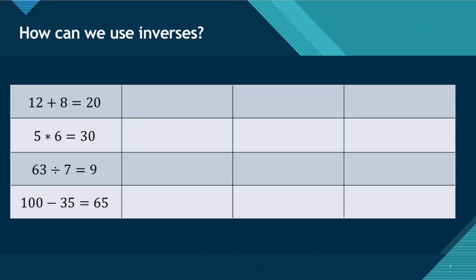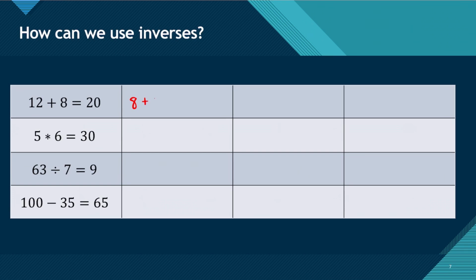So we can use inverses to rearrange numerical sentences that are true. When I say true, it means that their relationship will always be the same. If you have a 12 and an 8 and you put them together, you will get 20. But you can rewrite that in a couple of different ways. There's something called the commutative property, and that allows you to switch things and end up with the same number.